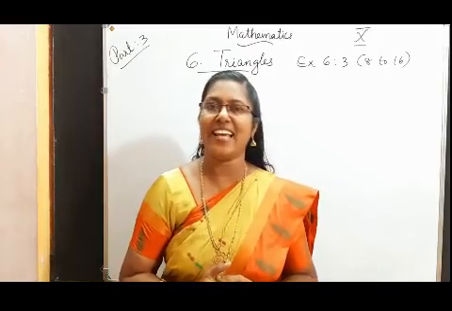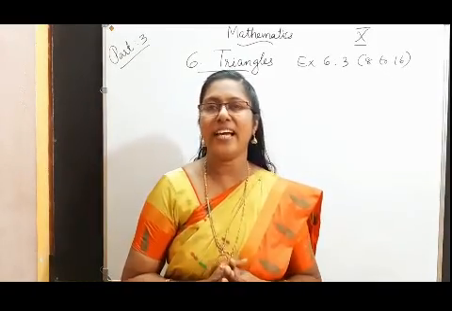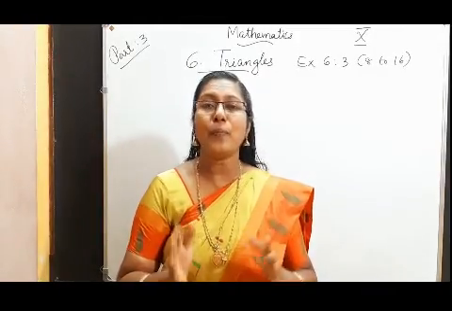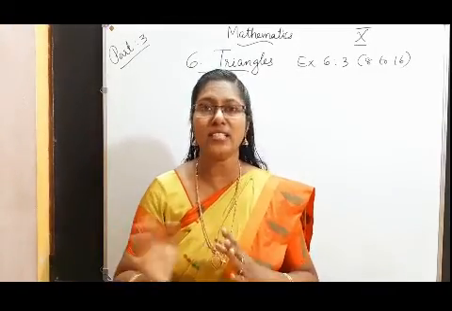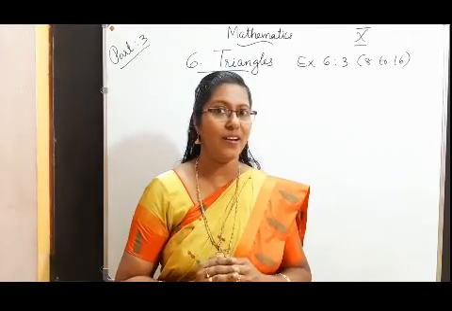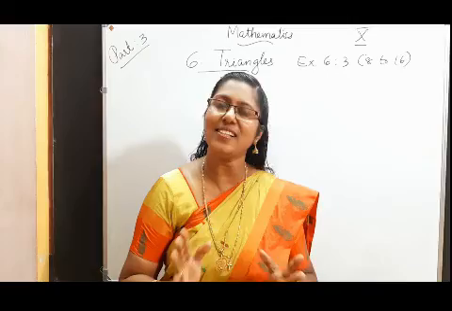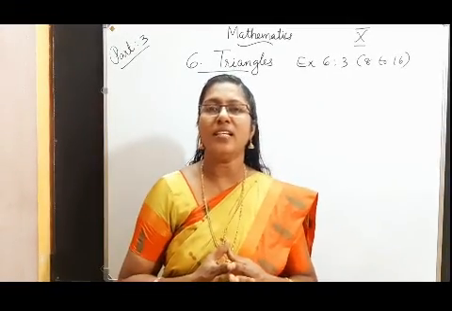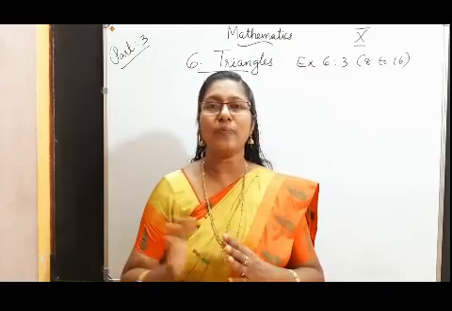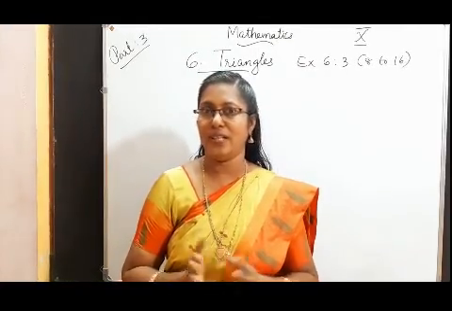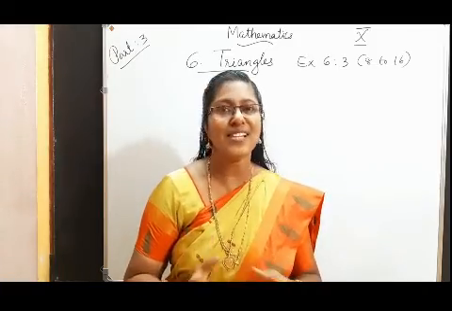It says if in two triangles the sides of one triangle are proportional to the sides of the other triangle, then their corresponding angles are equal. Hence the two triangles are similar.